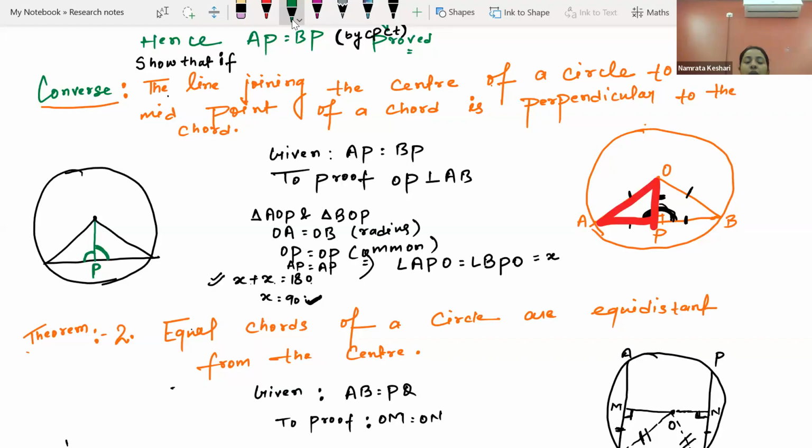Yes, sir. And if this is x, this will also be x by CPCT, of course. Then x plus x added together is making a linear pair as well. Are you realizing? Yes, sir. And from here it's really simple to prove that x is nothing but 90 degrees.